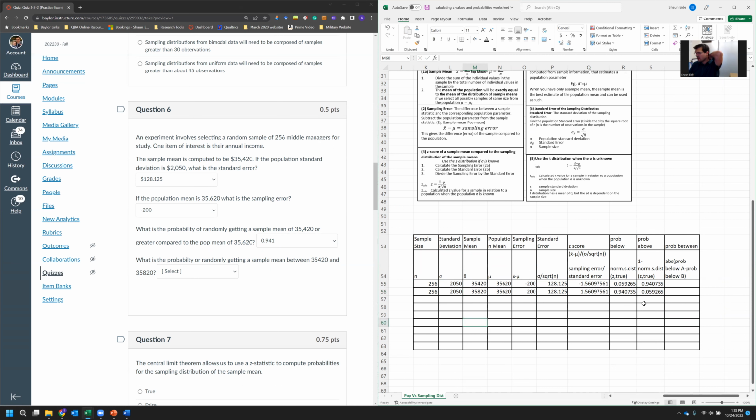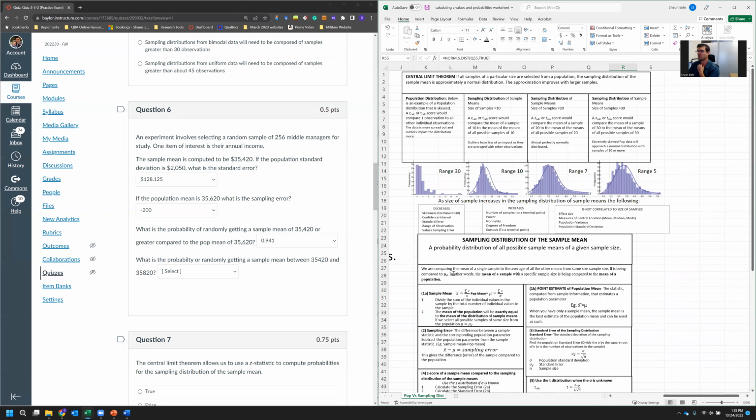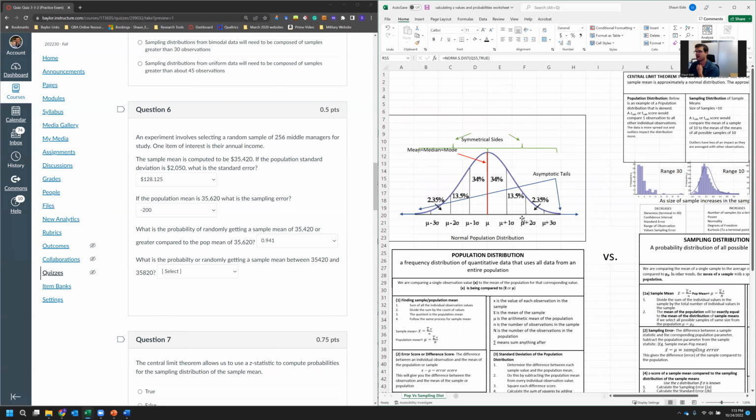Now we have the probability of getting below 35,820 and the probability of getting below 35,420. So what is the probability of getting between, essentially, right here to right here? Well, I don't like it.